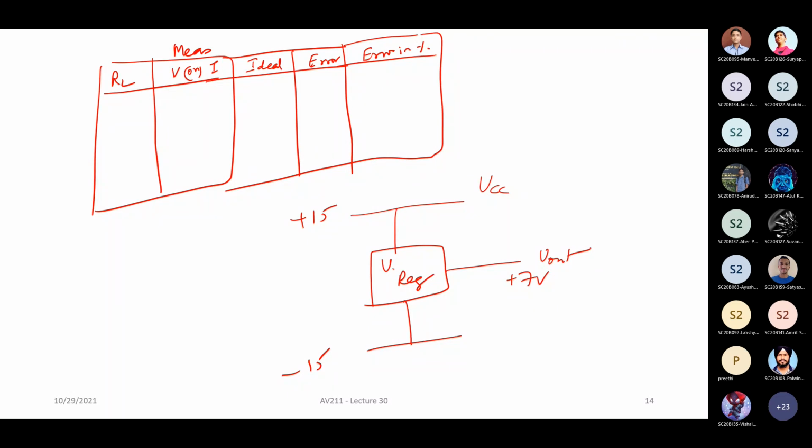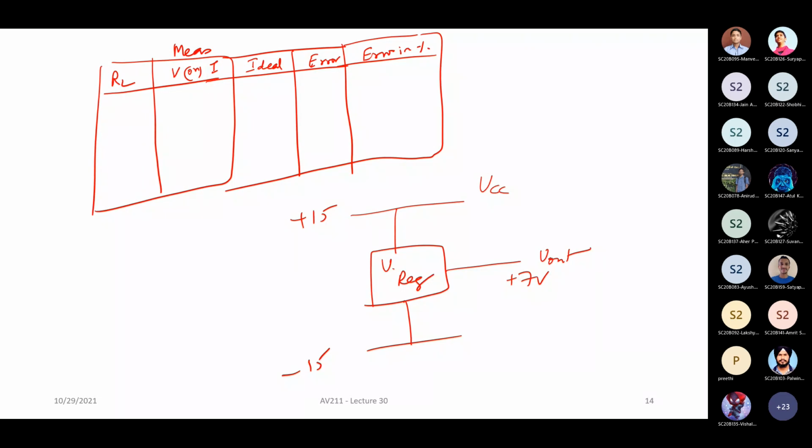Now, although here it is given as a constant in your lab, because you set it, this 15 volt can also be variable. Even in satellite applications, you have nominally a certain voltage, but as the battery starts discharging, or the solar panels go up and down, this VCC, this plus 15, can become plus 14, plus 13, and so on.